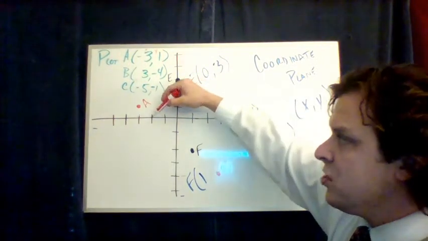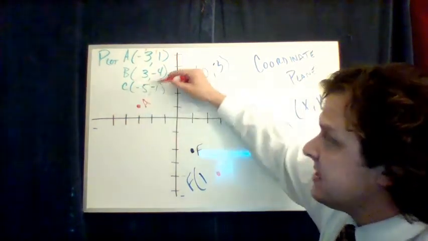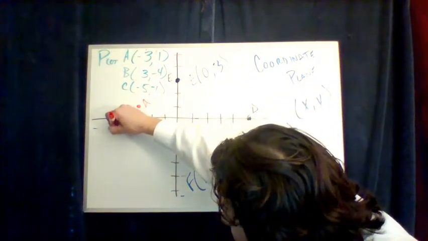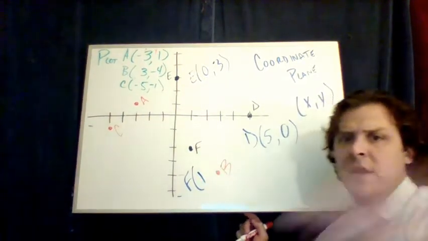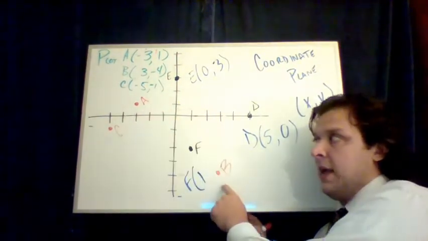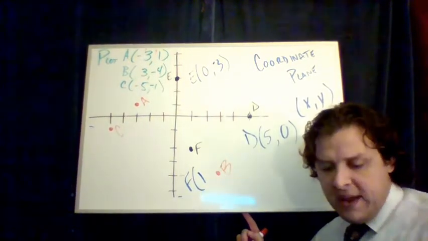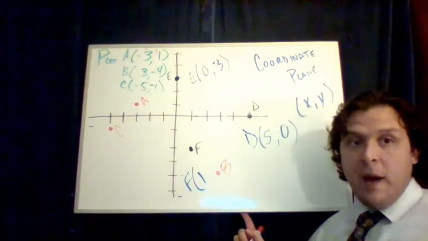Left 1, 2, 3, 4, 5, and the -1 we go down 1. That is right there. That point is point C. Okay, so once again, we have point A, point B, and point C. Okay, that's graphing or plotting points and reading them from a graph.